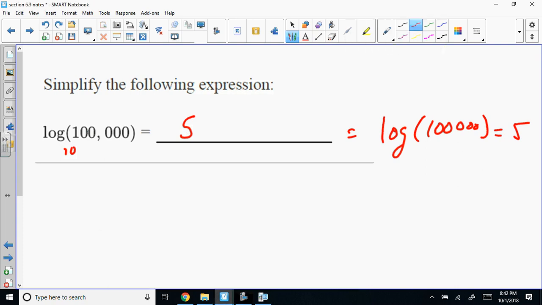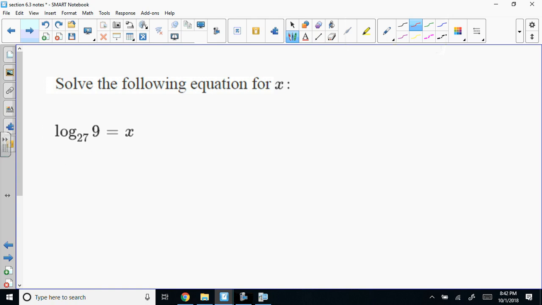All right. Solve this one. Well, you've got 2 ways to do it, right? You can do change of base, or you can rewrite it as an exponential and try to get the bases to be the same, right? Doesn't matter to me which one you want to do.